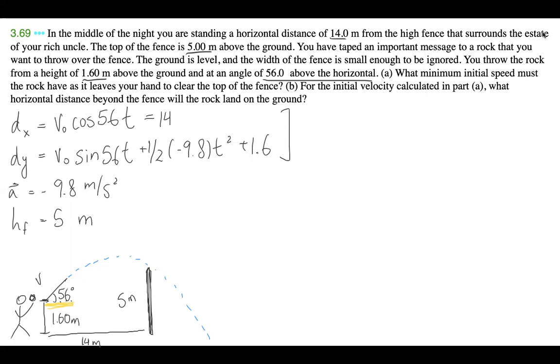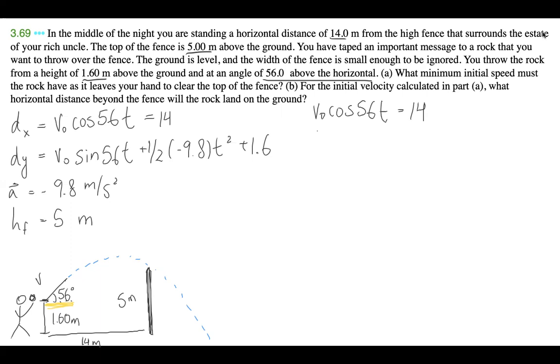I'm going to use substitution just because it's a little bit easier in my opinion in this situation. So we have v naught cos 56 t is equal to 14. And then we can just isolate t, because with t squared over here, it's easier to sub in for a value.